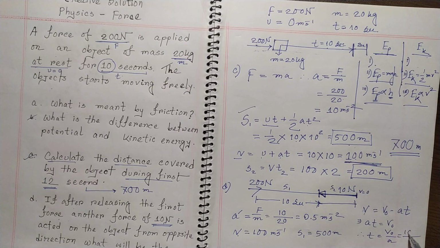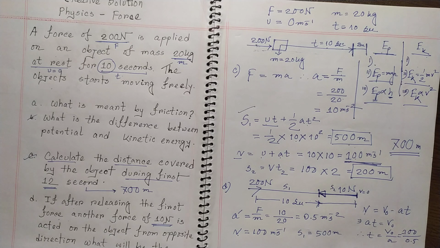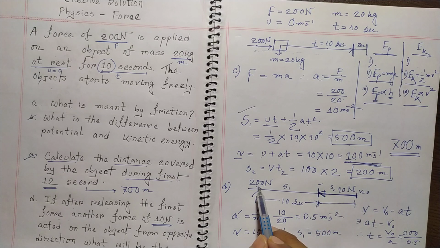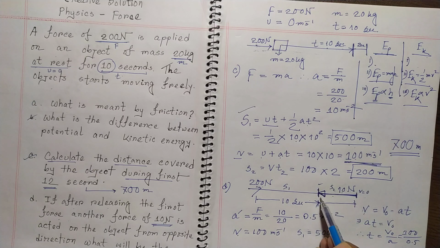The v0 is 100 and a is 0.5, so this is 200 seconds. So after 10 seconds, when the first force was not applied but another force from the opposite direction, 10 Newton, is applied, it will again travel for 200 seconds in that direction.